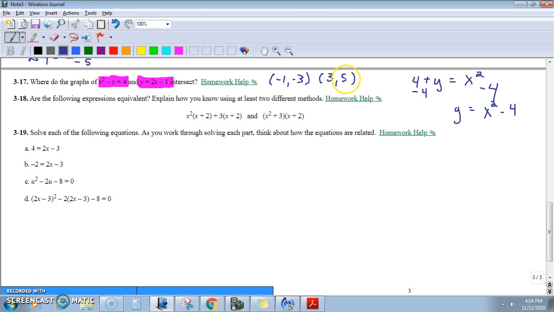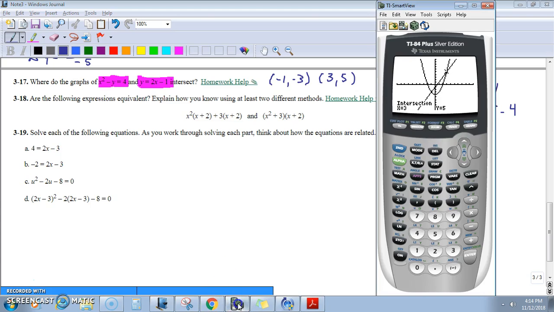Okay, 318 says, are the following expressions equivalent? Explain how you know using 2 different methods. So one of them is you could put those into the calculator. That's one method. Let's try that again. So we go back to our y equals, and the first equation is x squared times x plus 2, plus 3 times x plus 2.